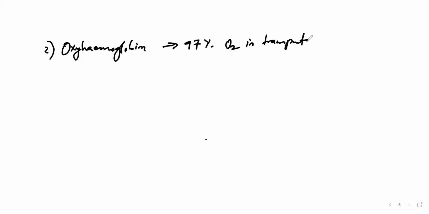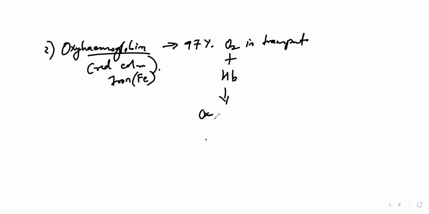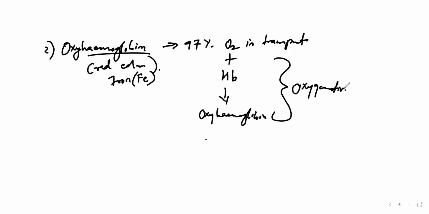Hemoglobin, as we know, is a red colored pigment containing iron. So whatever O2 is there, it is going to bind with the Hb and thereby it forms oxyhemoglobin. And this process is called oxygenation.